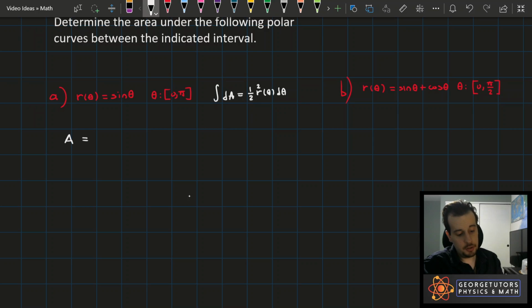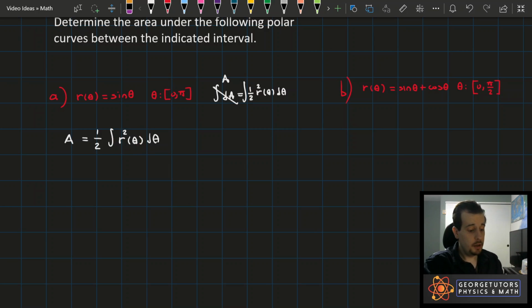How we're going to start it off is, to turn this into an area, we have to integrate both sides, right? That's exactly what I'm doing here. So this is just A. We have the area is equal to 1/2 the integral of r squared of theta, d theta. So who's telling us how r is changing with theta? Well, quite obviously, the function that we were given.